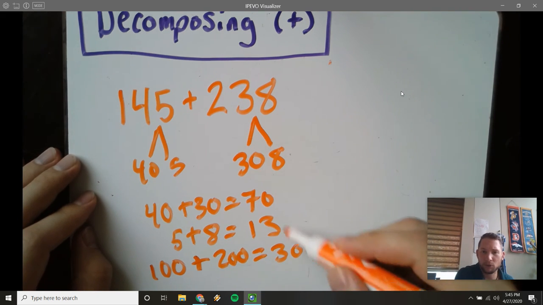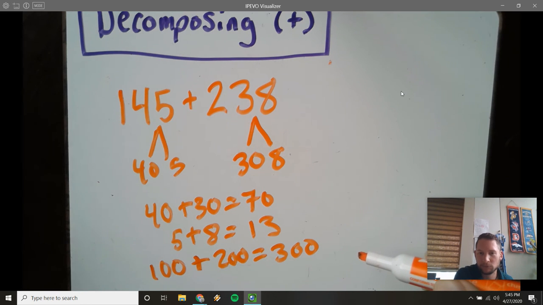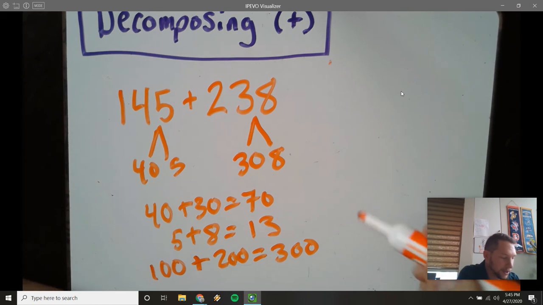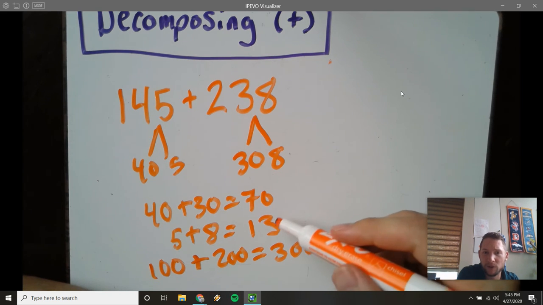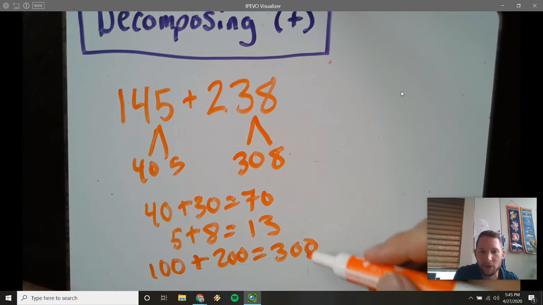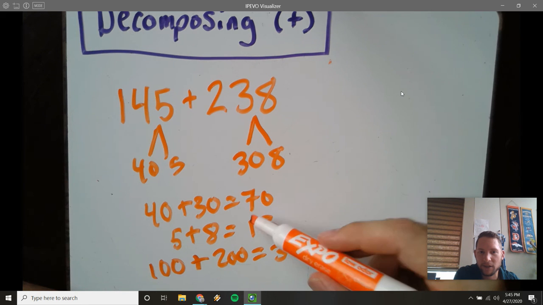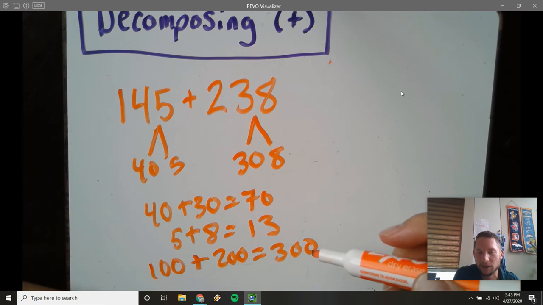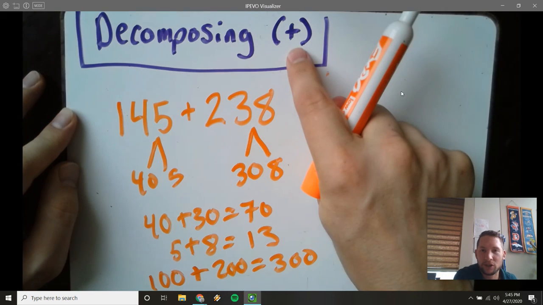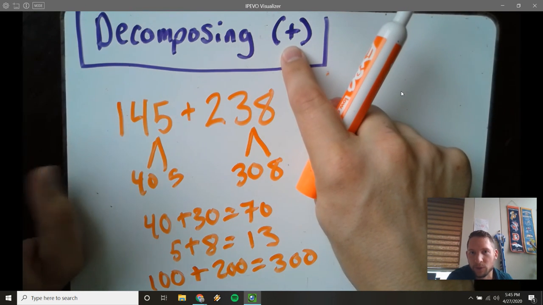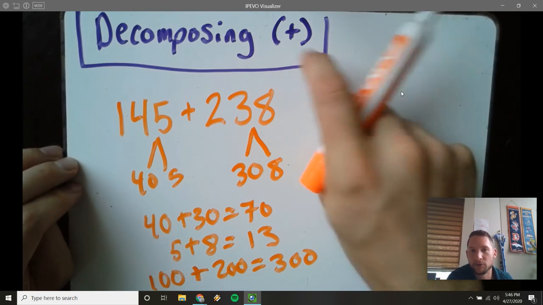So these are my totals, and now I need to put them all together. So 300, I would do these first anytime with the ones, or some students are quick and they would know this is 300, 370, 380, 383. So that is decomposing for addition. I have a suggestion whenever we do subtraction, and I'll do that one next.